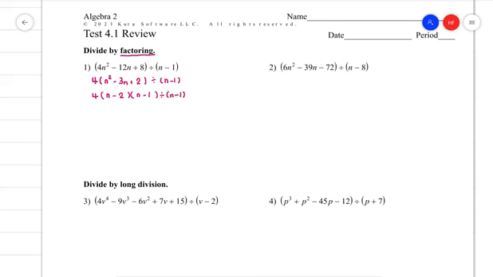So we can write divided by as a fraction. So we would say all of that over n minus 1. And whatever I see on top and bottom will cancel. And my answer is whatever's left. So 4 times n minus 2.